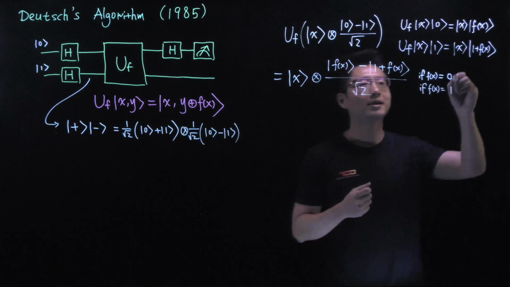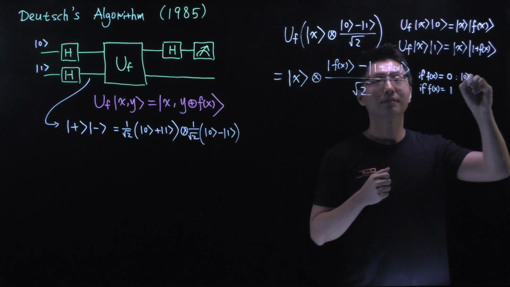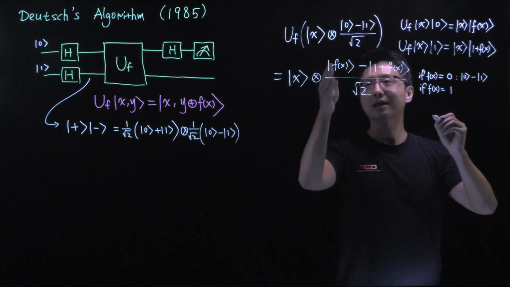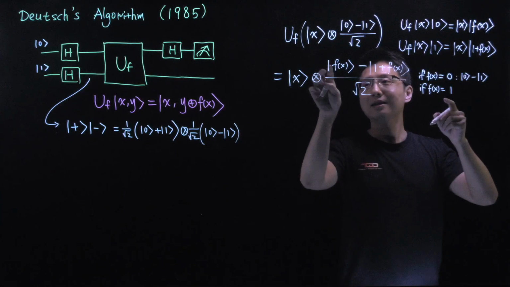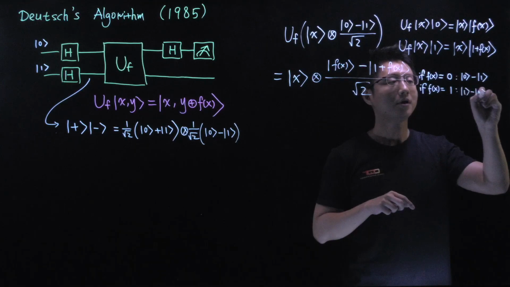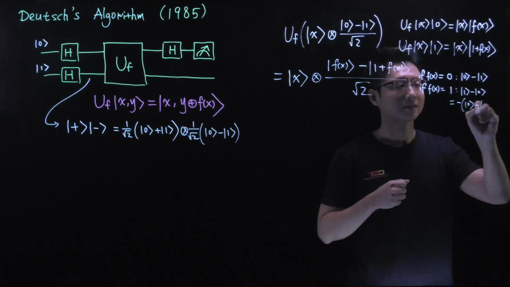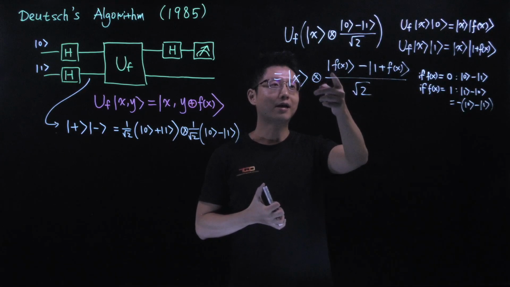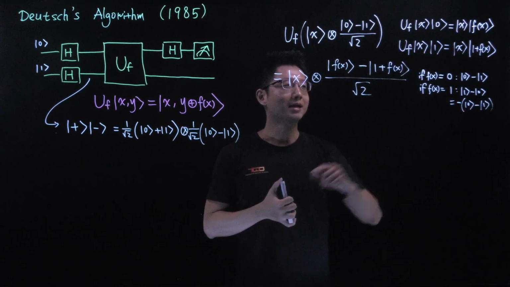So in the first case, you will have 0 ket minus the 1 ket, with this coefficient and this one, but I'm only writing down this part. If f of x equals 1, then this part is 1 minus 0, which is the negative of that. So this is negative of 0 minus 1. So it does not matter what is the value of f of x. This part is always 0 minus 1, but with a plus or minus 1 in front.